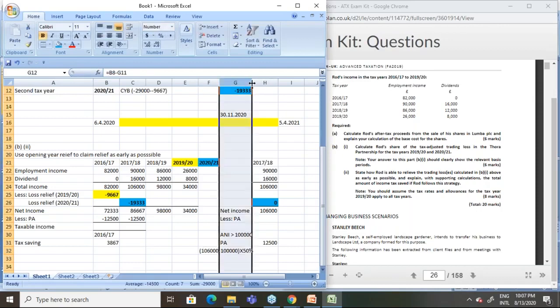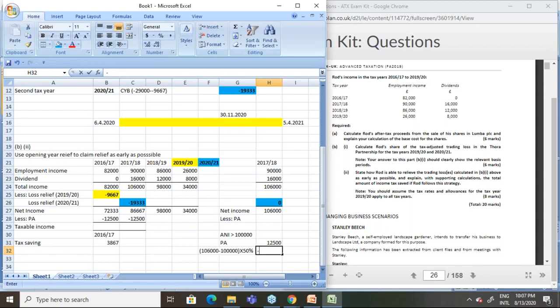Here the difference is 6,000 into 50%, 3,000 pounds.